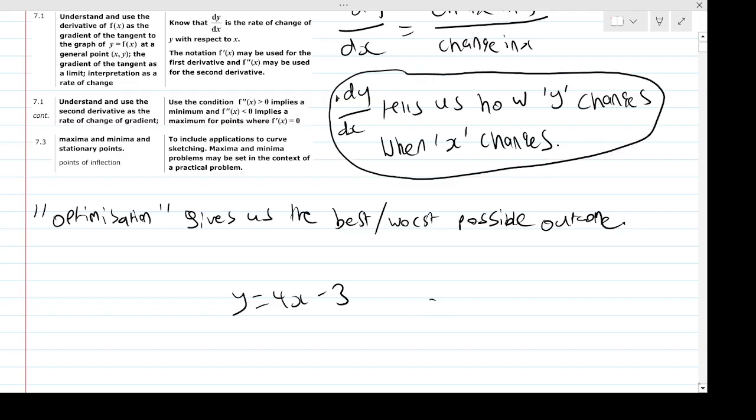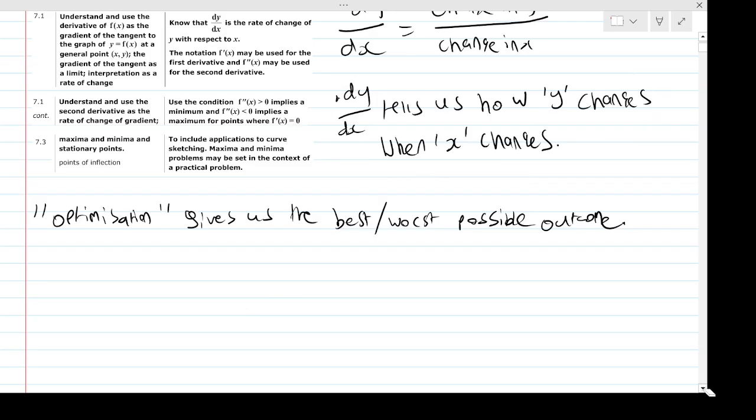It's how y changes when x changes. And that's really the idea we're going to look at. And again, we can then look at real life scenarios where one variable affects another variable. So one variable changes, how does the other variable change?